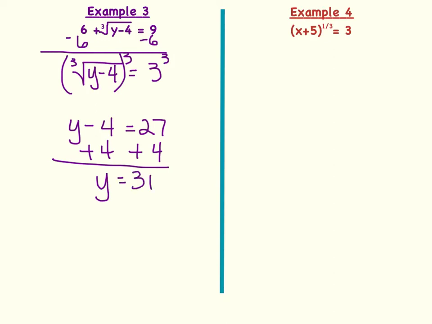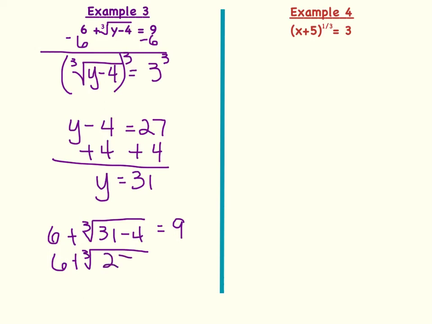Now let's check our answer. We start out with 6 plus the cube root of y minus 4. Well, instead of y, I'm going to put in 31 minus 4, and it should equal 9. Well, I would have 6 plus the cube root. Well, 31 minus 4 is 27.